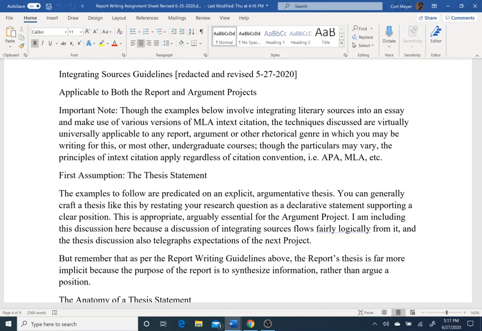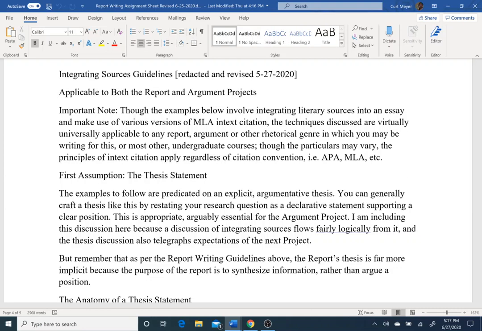Now, I have put in here what is to follow: a discussion about integrating sources, and these are techniques that you can use. You can essentially take these techniques through various courses and apply them regardless of the course.